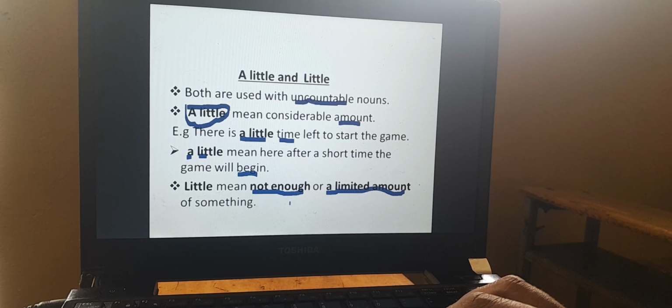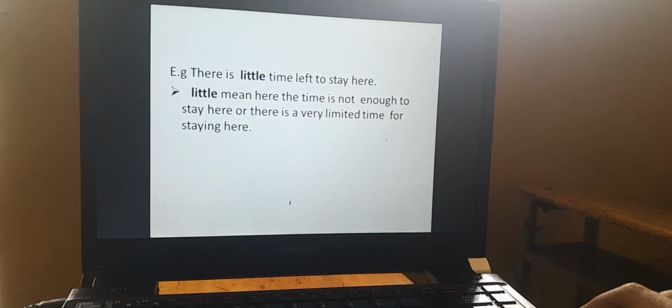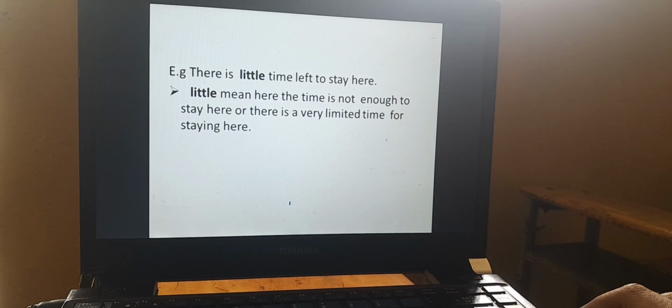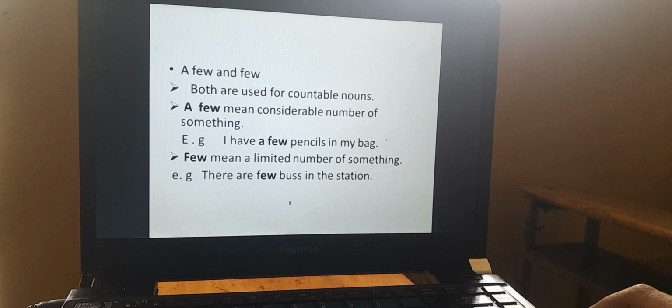A little means considerable amount, and little means not enough or limited amount of something. That is good. So there is little time left to stay here. Little means here the time is not enough to stay here, or there is a very limited time for staying here.